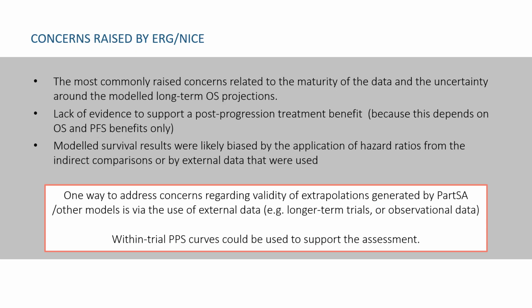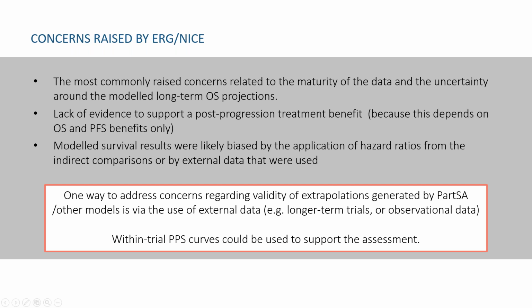So what were the concerns raised by ERG or NICE in these submissions? The most commonly raised concerns were related to the maturity of the data and the uncertainty around the long-term projections. There was also lack of evidence to support a post-progression treatment benefit.